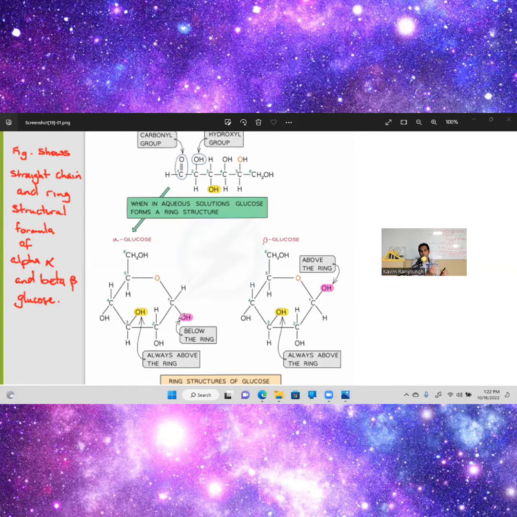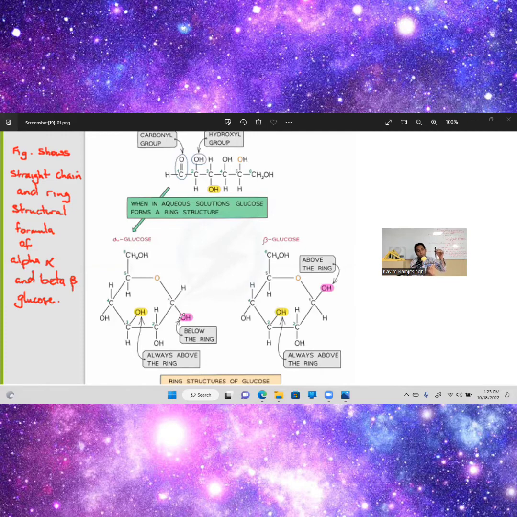And look at the numbers of it. The OH on number 1 and the OH on number 3. Look at the OH again in beta: it is on number 1 and number 3 carbon. So for the beta, you would see that number 1 is now on top, and the number 3 OH will also be on top.